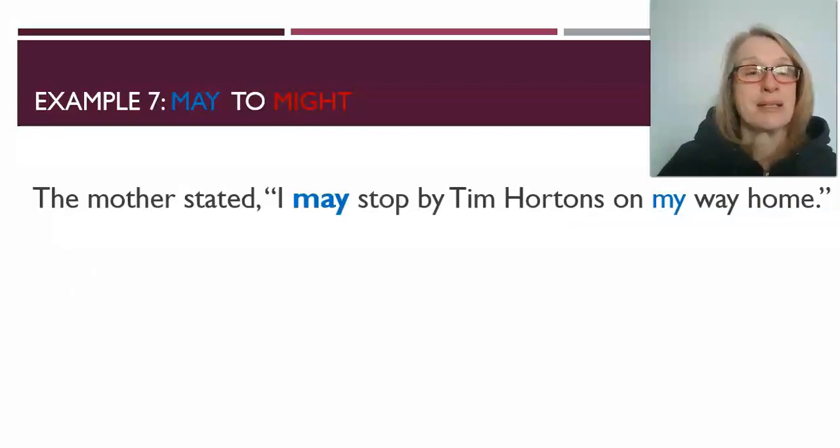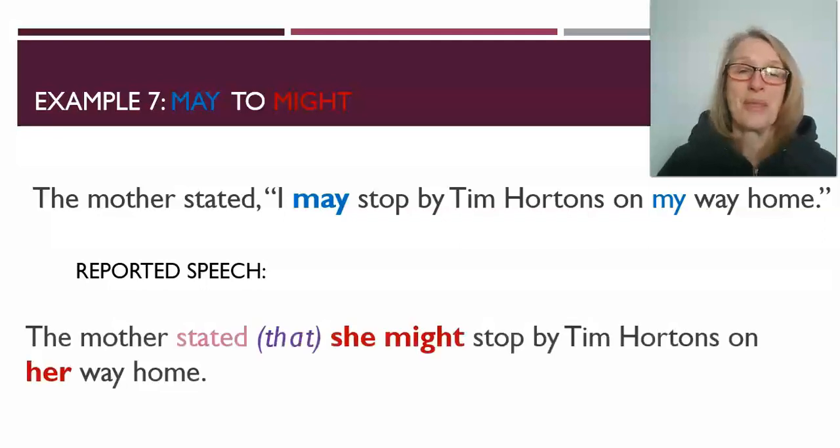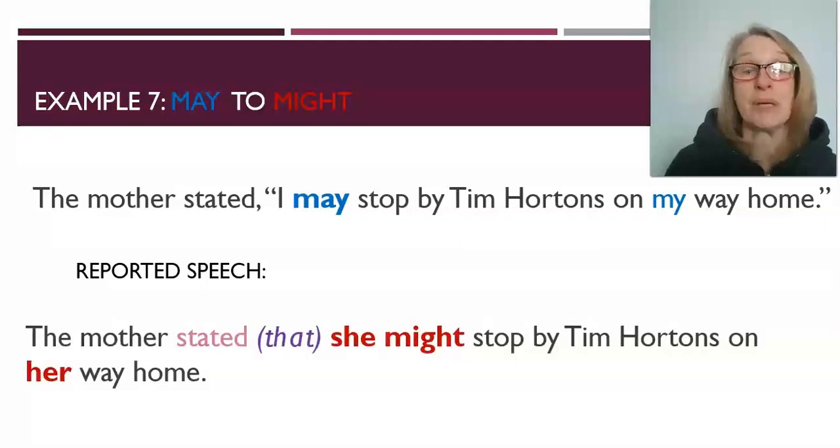And may to might, the mother stated, "I may stop by Tim Hortons on my way home." Did you get it? The mother stated that she might stop by Tim Hortons on her way home.